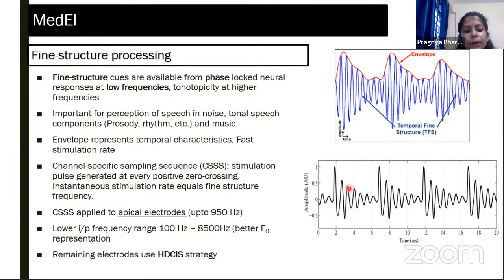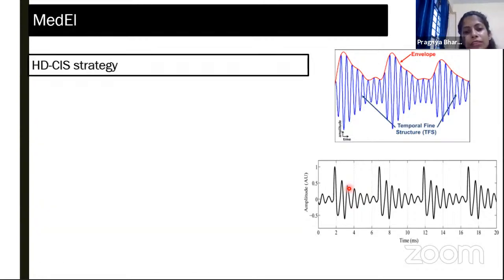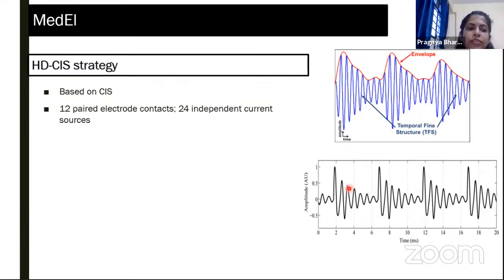For the remaining electrodes, the HDCIS strategy is used, which is again based on the CIS strategy. Here they have 12 paired electrode contacts, and each pair of the electrode contacts is supposed to have independent current sources.